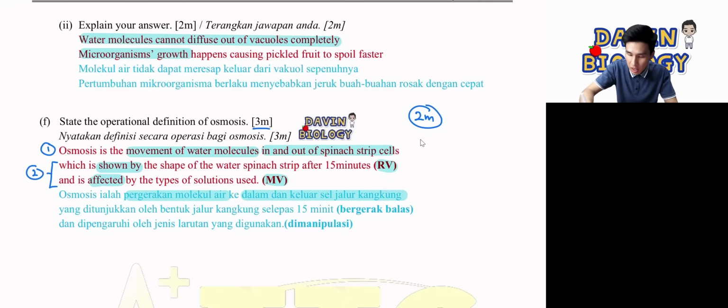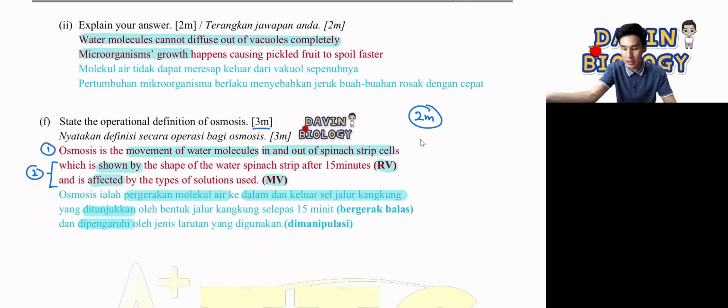So basically, the shape of the spinach strip is affected by the type of solution. So for every experiment, the second point is very easy to score. Just say shown by RV, affected by MV. Ditunjukkan oleh bentuk jalur kangkung selepas 15 minit dipengaruhi oleh jenis larutan yang digunakan.